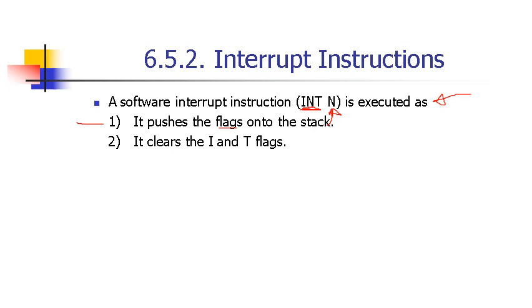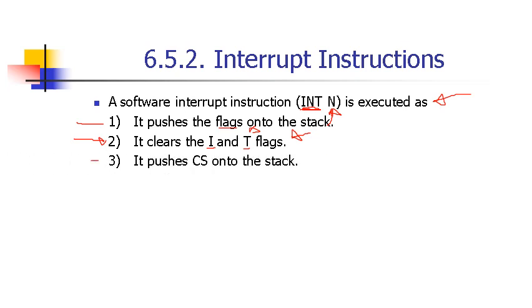Then it will clear the I interrupt flag bit and the trap flag bits, because this int is called by indicating that an interrupt is to be served and your code has to be stopped, as if you are trapping your code. So these two bits should be set before your interrupt.